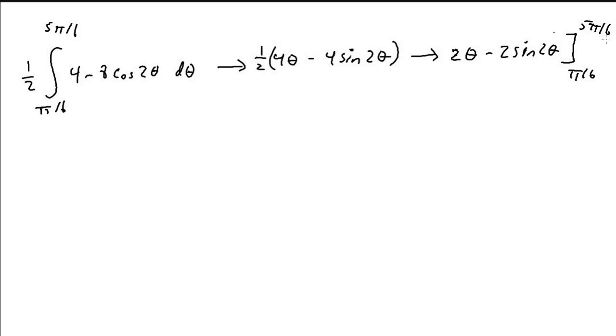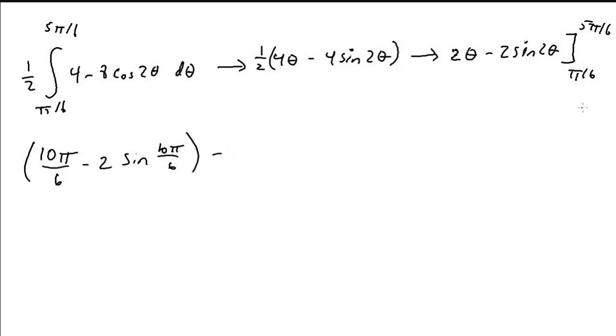And so when I go ahead and plug in 5 pi over 6, we'll get 10 pi over 6, or 2 times 5 pi over 6, minus 2 times sine of 2 times 5 pi over 6, or sine of 10 pi over 6, minus, when I plug in pi over 6.